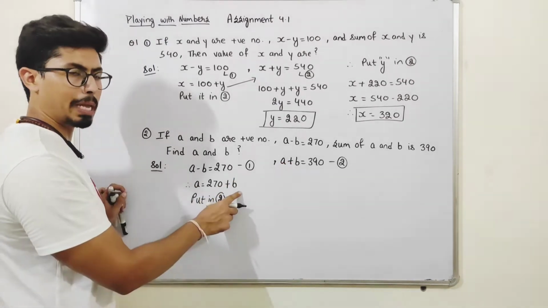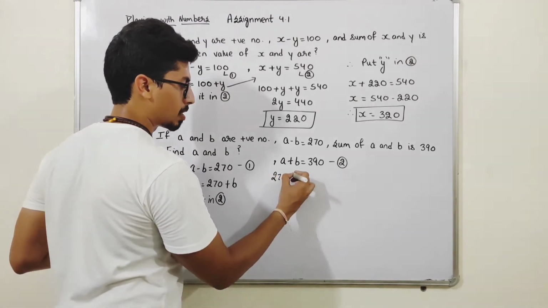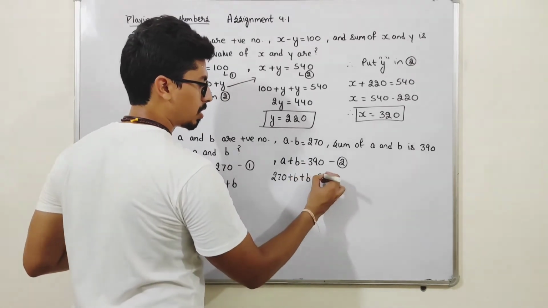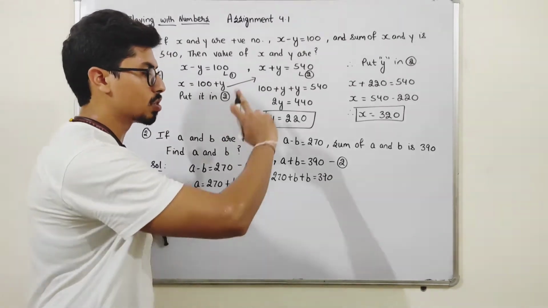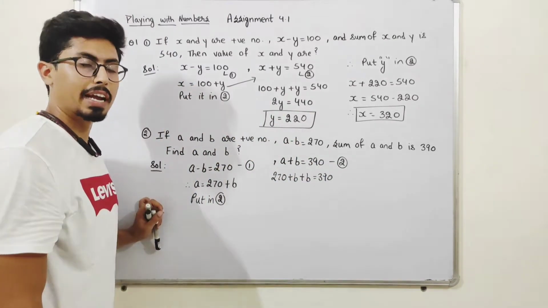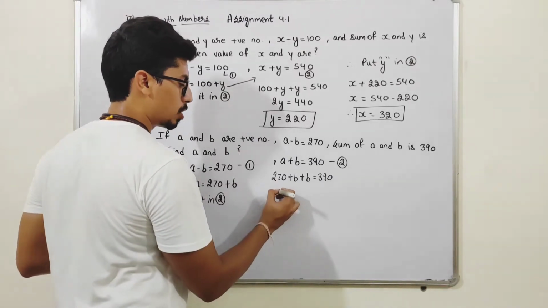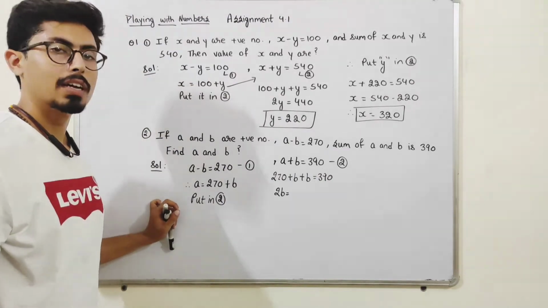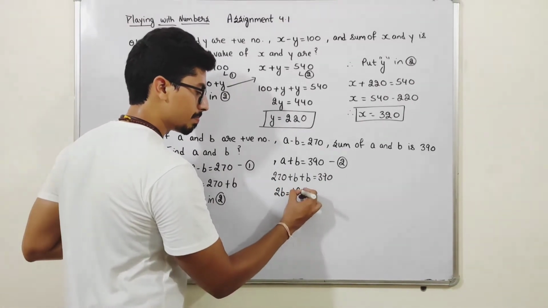So the value of a is 270 plus b and the extra b here equals 390. Now 270 here is an addition; when it goes to the other side, it will be in subtraction. So b plus b is 2b, and 390 minus 270 will be 120.